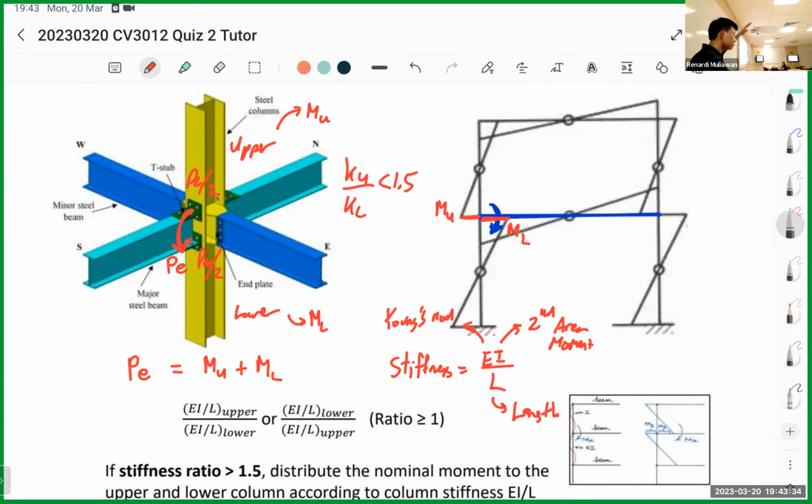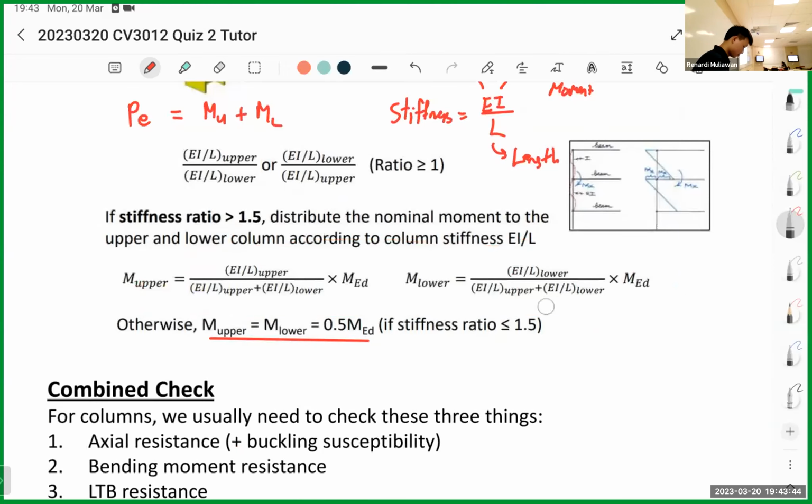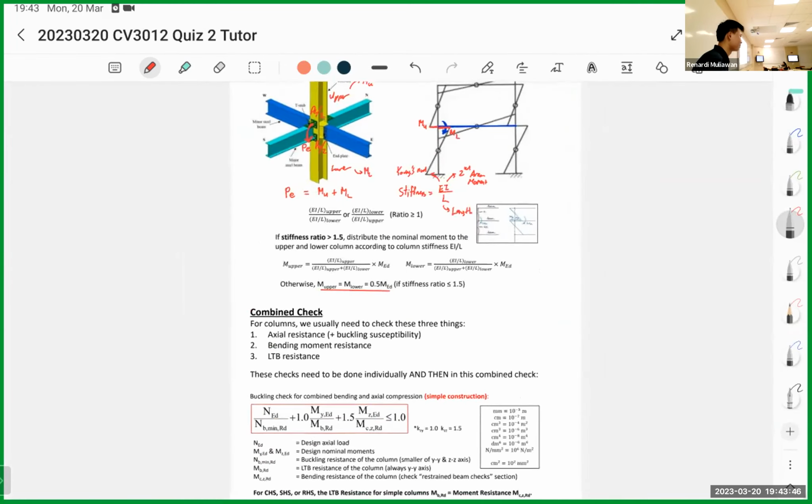So half-half, but only if the stiffness ratio is less than 1.5. If it's more than 1.5, you need to take the ratio. Okay, that's all the concept actually.